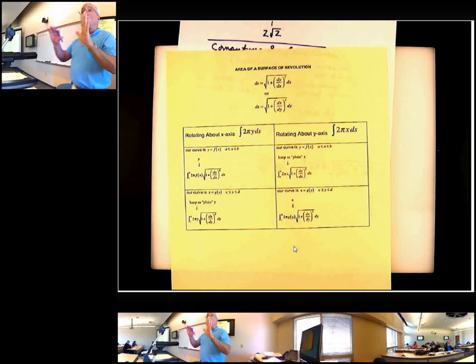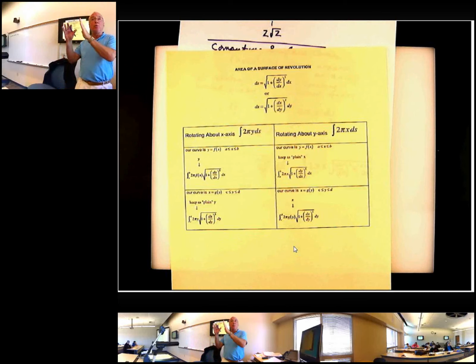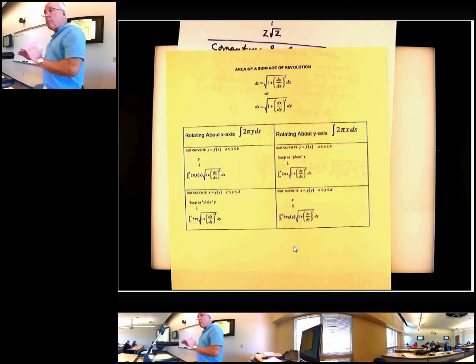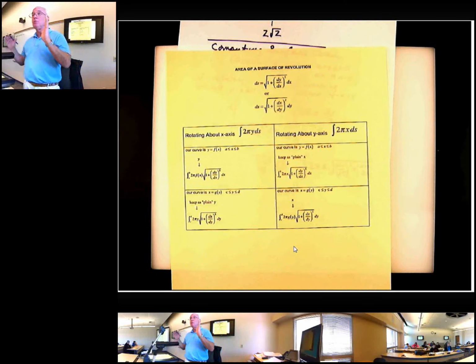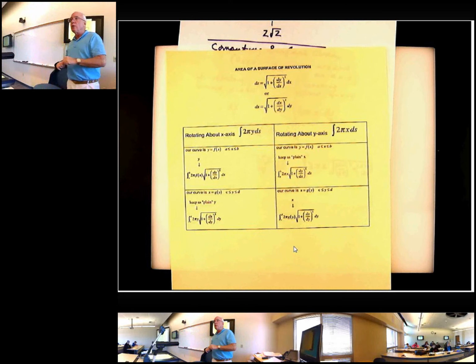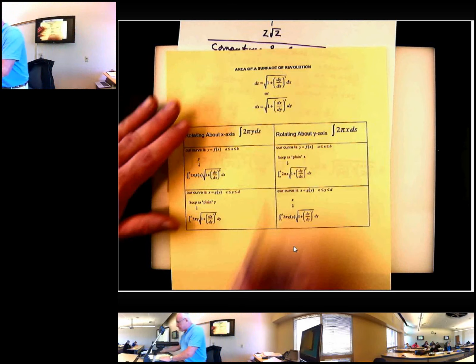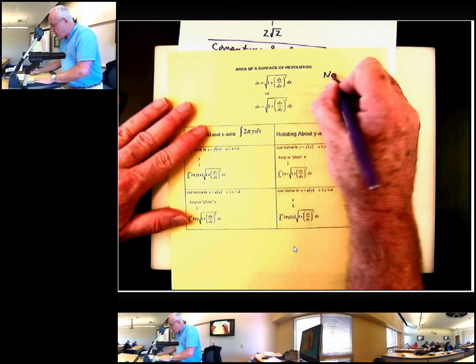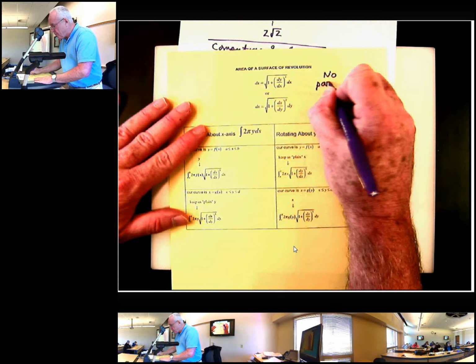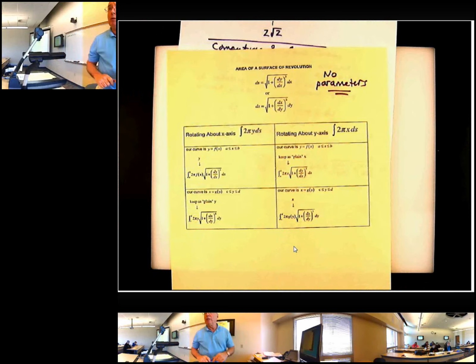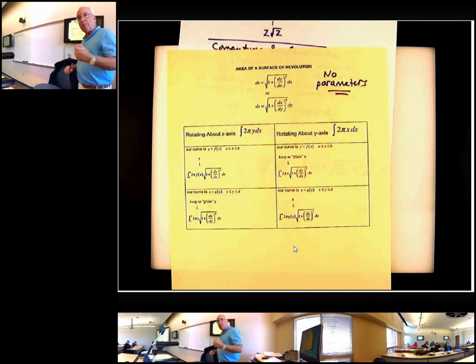This does not involve parameters at all. So if you want to make a note on it, this is where we don't have any parameters. It's just what we would call a regular function, a regular curve without the parameters. Okay, so I'm going to say no parameters here. All right, and those are the formulas. Does that help? Okay.